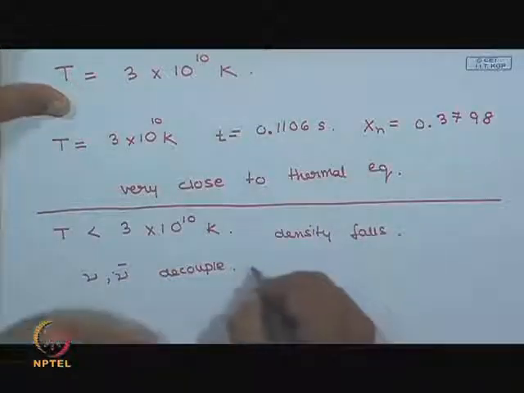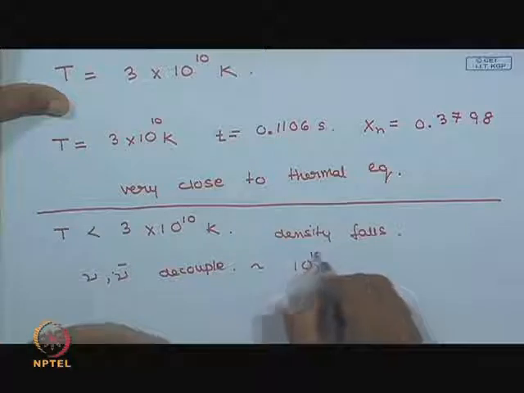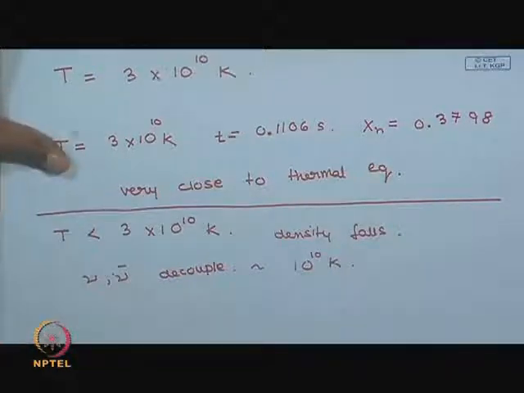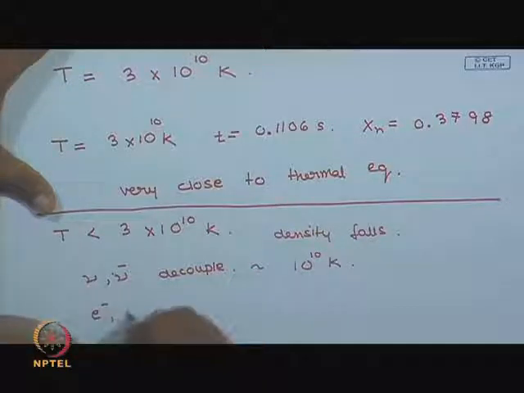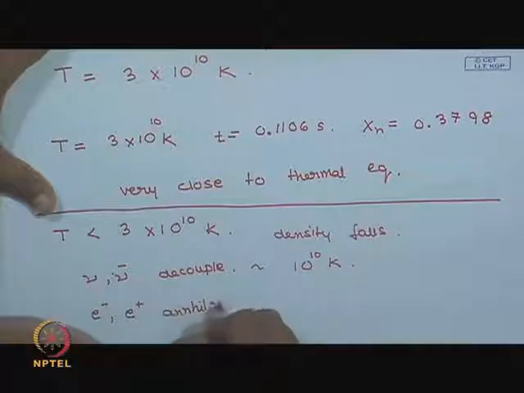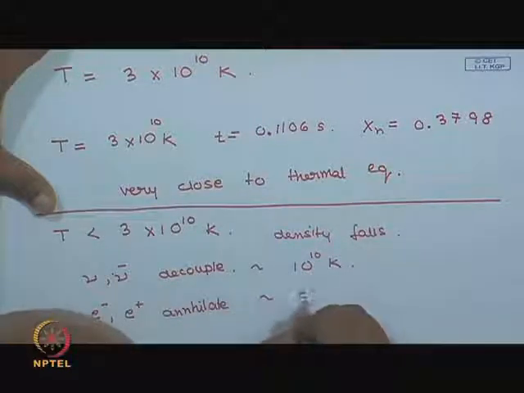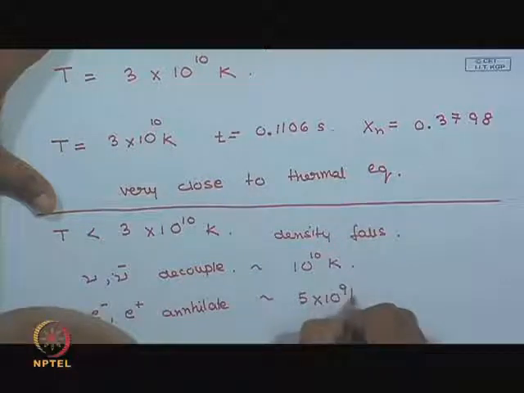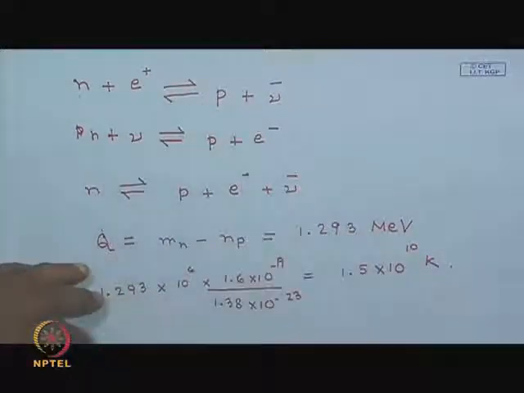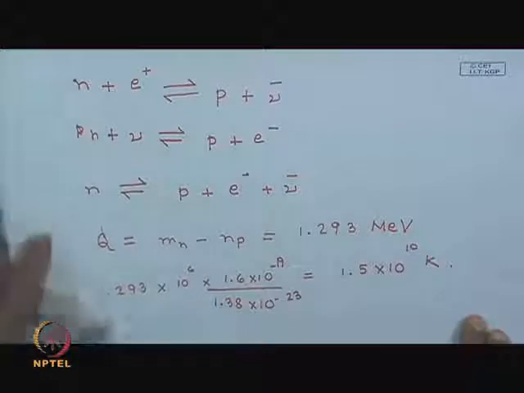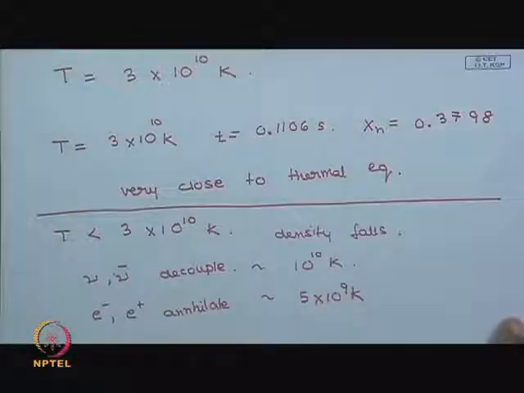So this decouples at around 10 to the power 10 Kelvin, and we also remember that around then the electron and positron annihilate at around 5 into 10 to the power 9 Kelvin. So the electron and positron density also falls, and these reactions get suppressed and stop.